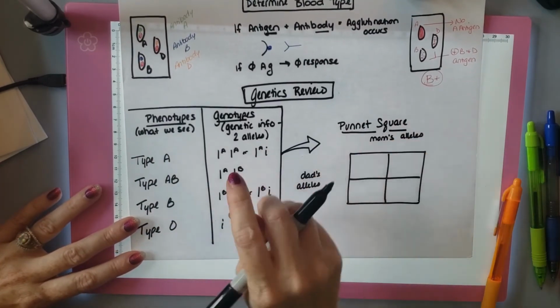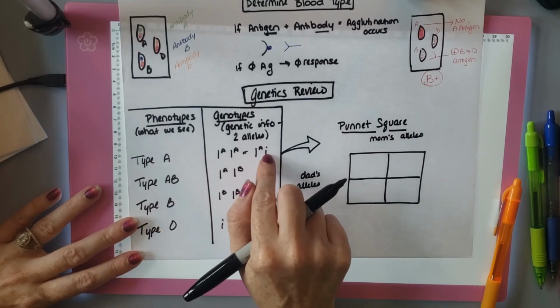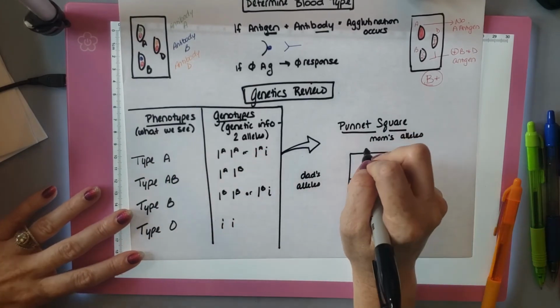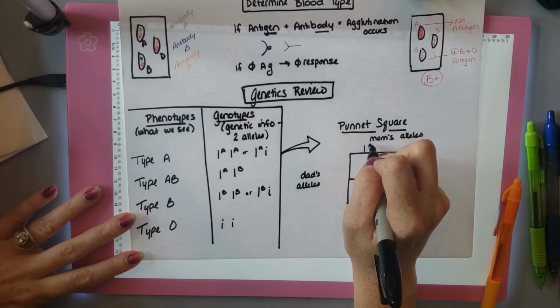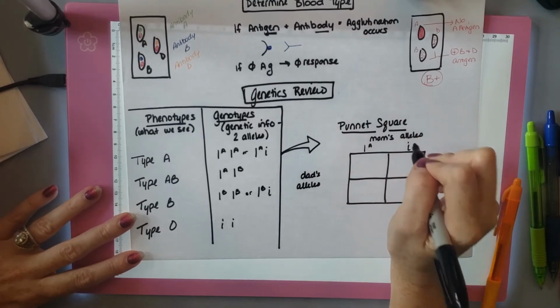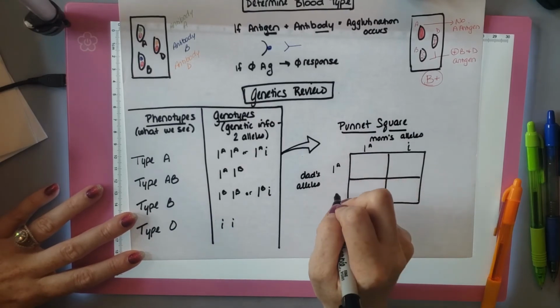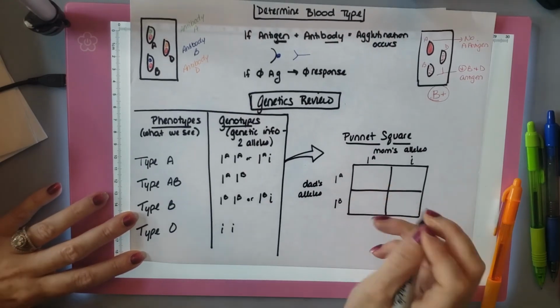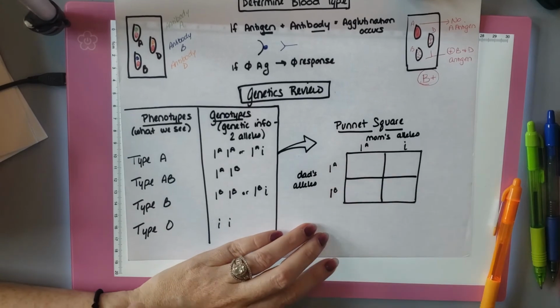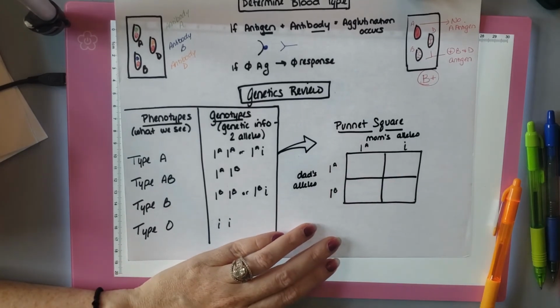So mom is type A, but you know, for some reason, you know that it's that one, just to show you. So you put big A, little i, and then we're going to do this one. All right, so daddy gave that one. Dad's type AB. So then you cross them.